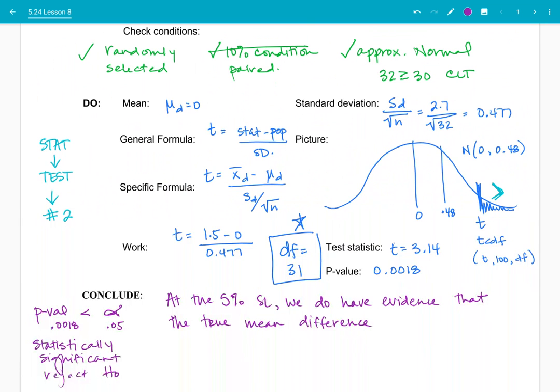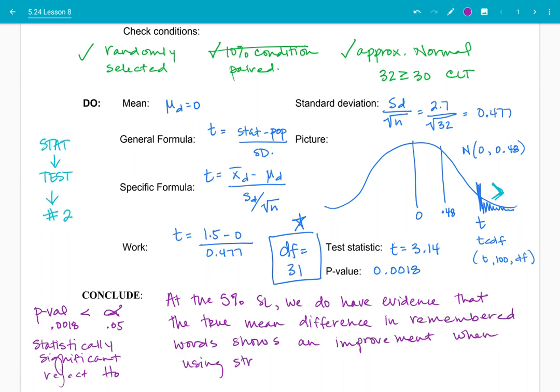Okay, so we do have evidence that the true mean difference in remembered words shows an improvement when using strategy 2 versus strategy 1.